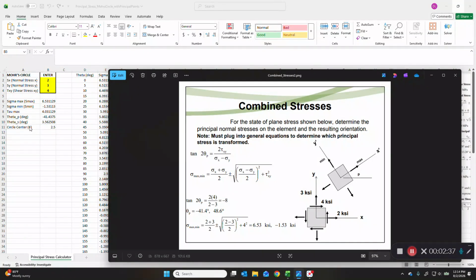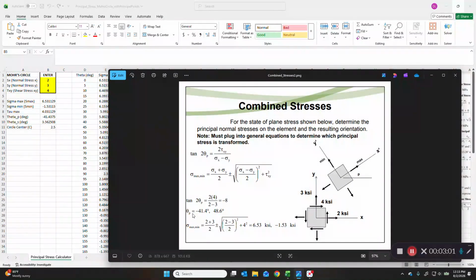But importantly it will calculate theta p for you and in the orientation of Mohr's circle. And we'll talk about that in a few minutes, theta p. We have minus 41.43 degrees. So that's the principal angle of normal stress. And you can see here theta s is also given. So we have that minus 41.4 down here on the slide.